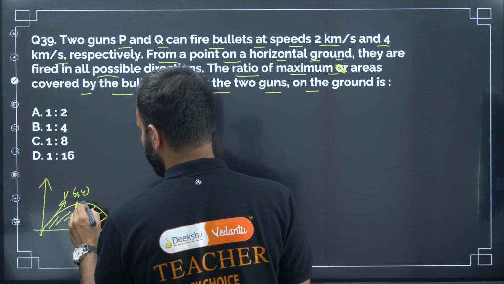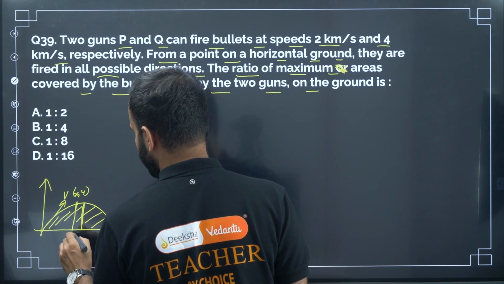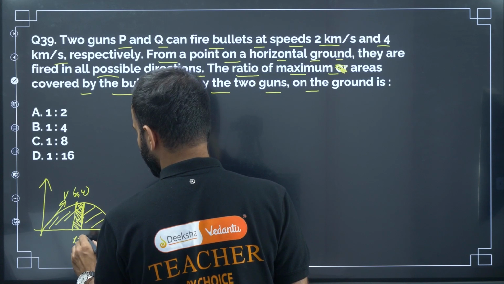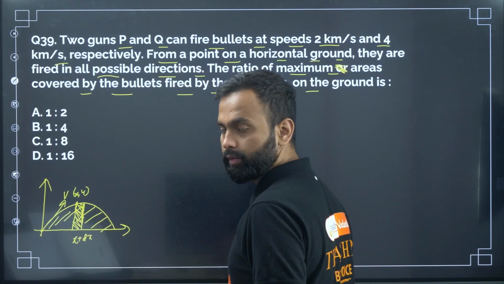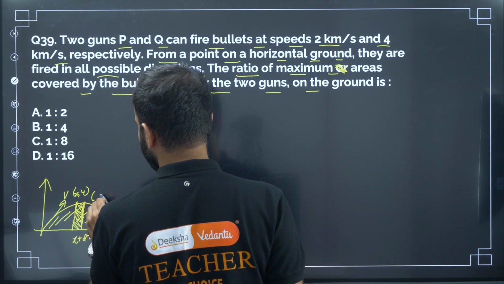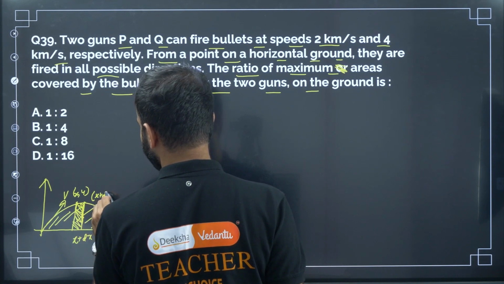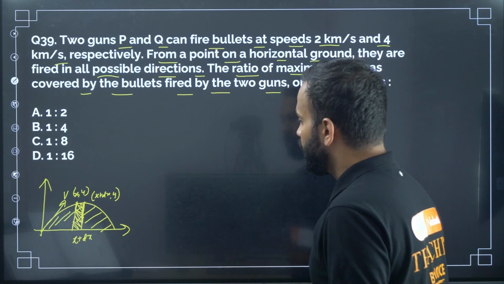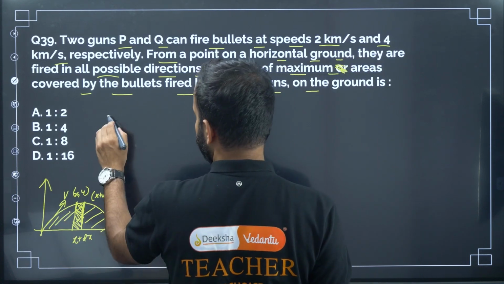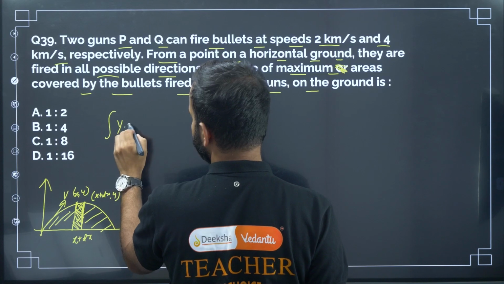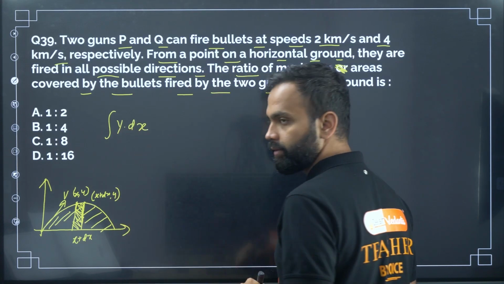Now it covers the distance x plus dx, and the height is very small. So this will be x plus dx comma y, right? So here I can write the function as integration of y into dx.